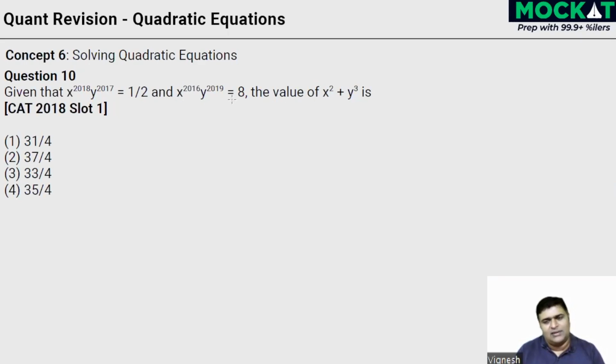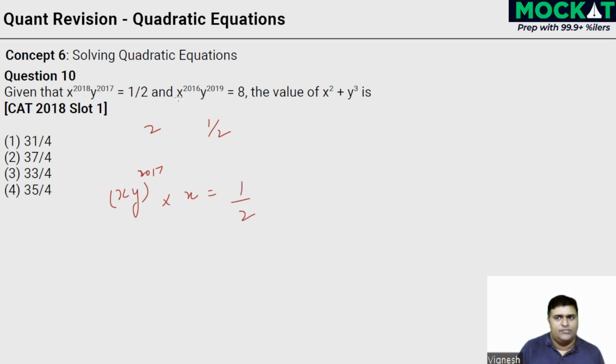Then what are the classic reciprocals possible? One is 2, the other is half. That should be the first thought process. X square plus Y cube is what I have to find, so which is 2, which is half, we have to see. X power 2018, Y power 2017 is nothing but xy to the power of 2017 into x, which is 1 by 2.